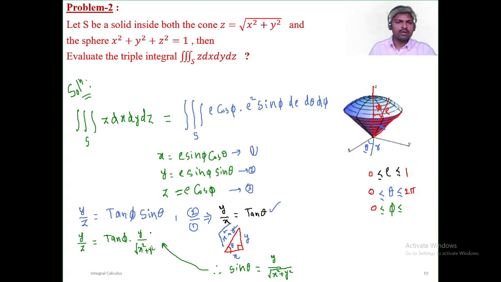Then bring this quantity to the left hand side so that you will get the tan phi value.